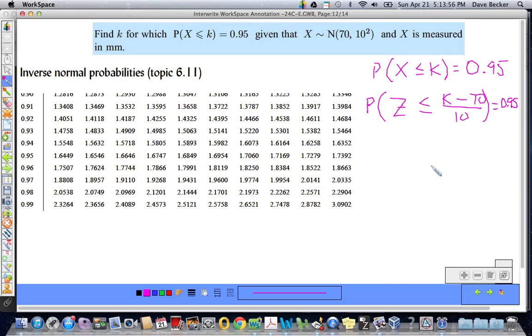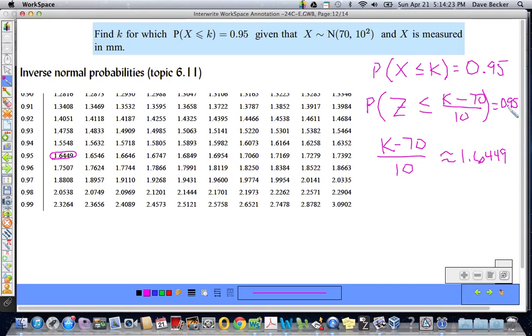if I go to the standardized table here, 0.95, the standardized value is 1.6449. So what it turns out to be is, for what value of k is the standardized value equal to 1.6449.